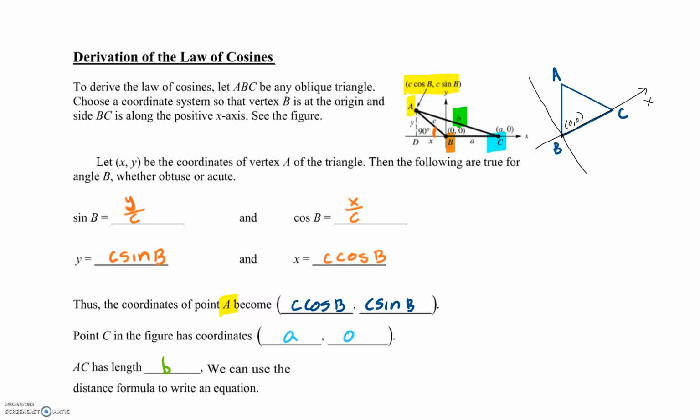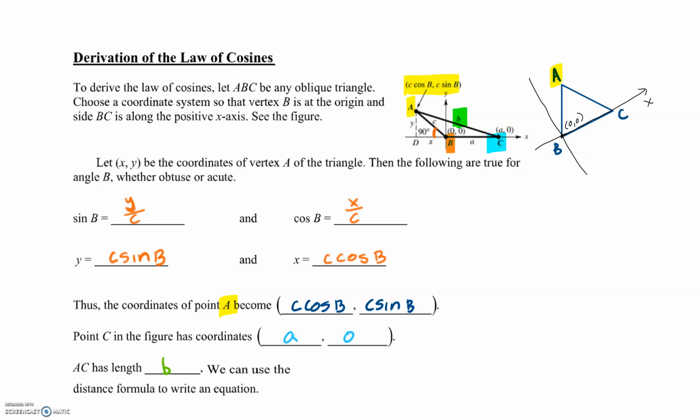But before I do, I want to show you that this triangle could have been any triangle. Again, it didn't have to be a right angle. It didn't even have to be obtuse. Let's just try it with this picture over here, because this point A is still going to have these same coordinates, because I'm going to draw a line down from A, and then that's going to be my right triangle, and that is angle B still.